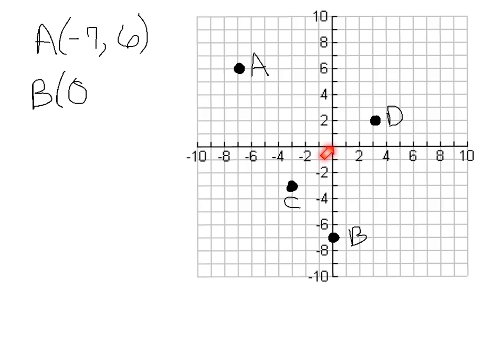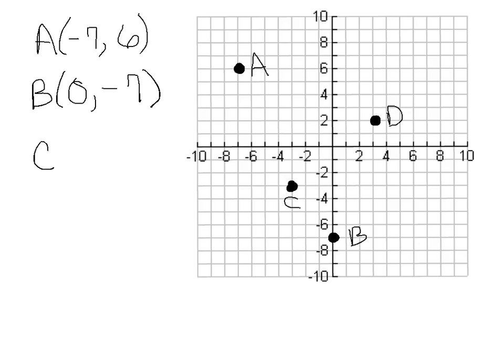Okay, then I need to move on the y-axis, and in this case I need to move down. So I move down to right there between the -6 and the -8, and that tells me that my point lies at -7. So my y coordinate would be -7. B lies at 0, -7.